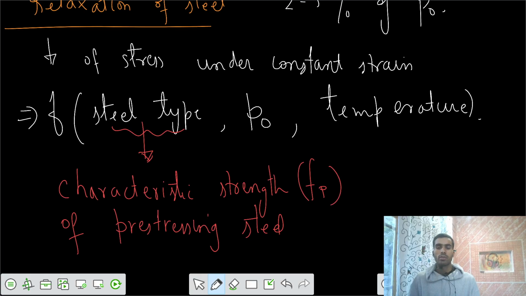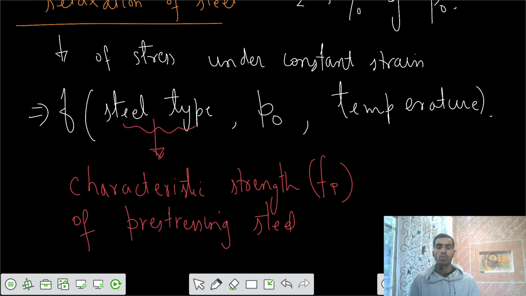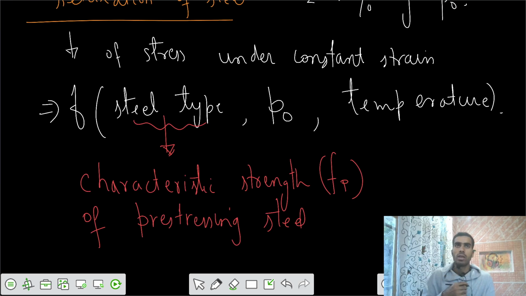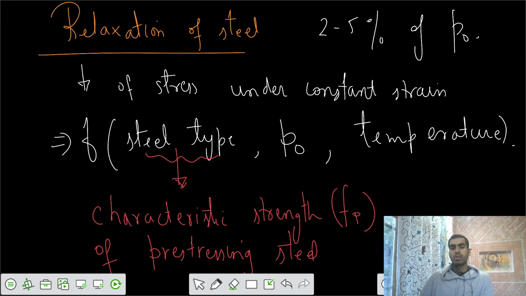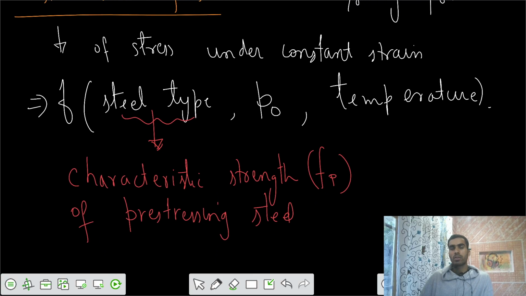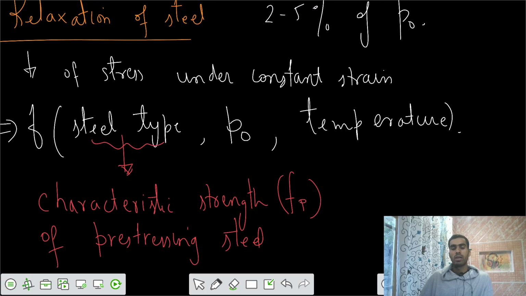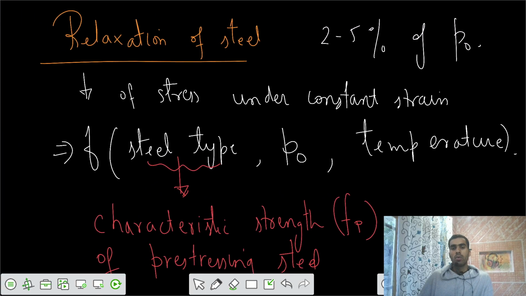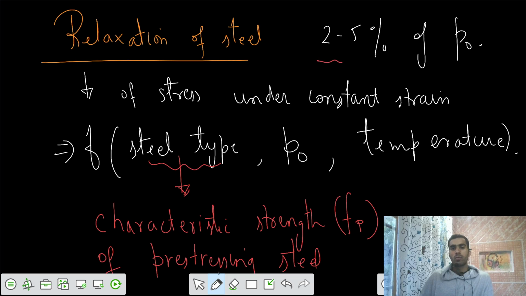So this relaxation loss is a function of fp, the characteristic strength of that steel. Its value we generally take directly as 2 to 5%.